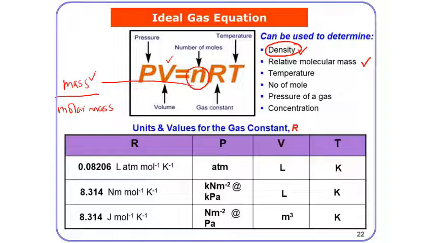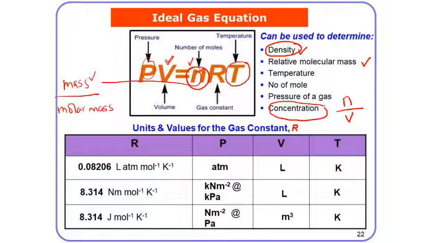From the equation PV equal to nRT, we have temperature, number of moles, and pressure, and if we want to find the concentration, it is number of moles over volume. The number of moles is in the equation, and volume is also in the equation. That's why the ideal gas equation is very commonly used when we deal with calculations of gas reactions.